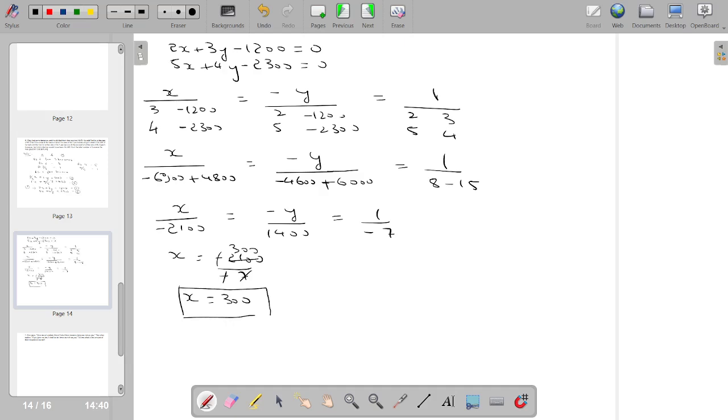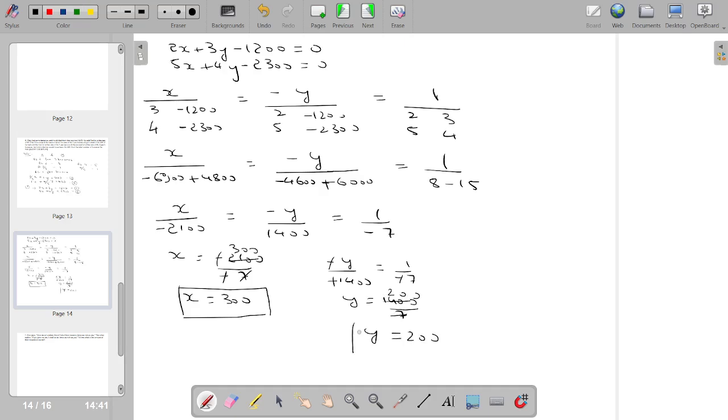We found x, and now find y as well. Sorry, this is plus. Minus minus cancel. y is equal to 1400 by 7, which is 200. y is equal to 200.